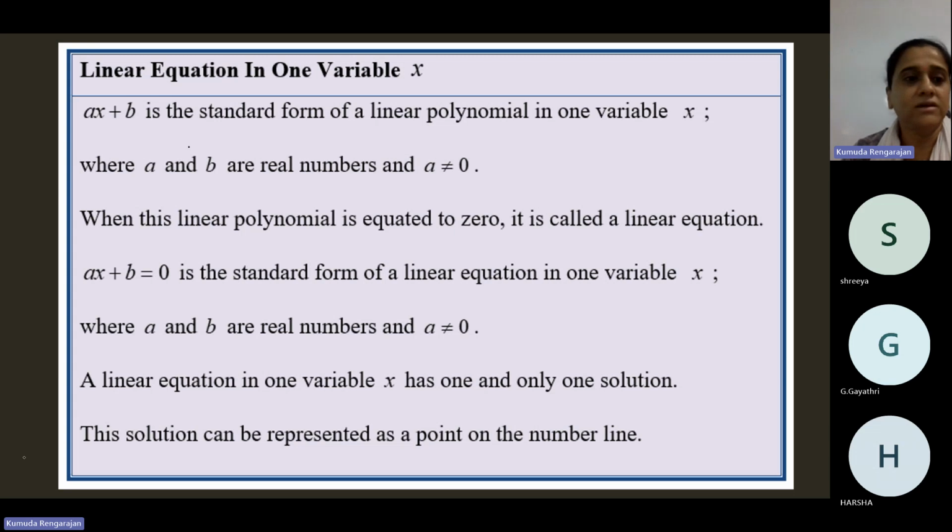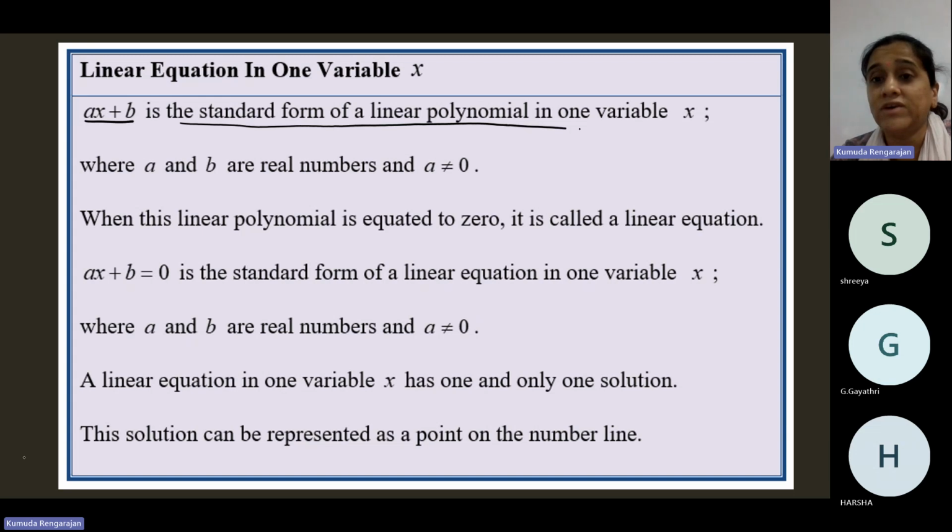So let's see this again. ax plus b is a standard form of a linear polynomial in one variable x. The variable can be anything. It can be x, y, z, t, u, m, n. It cannot be a or b, otherwise you should change the coefficients also.